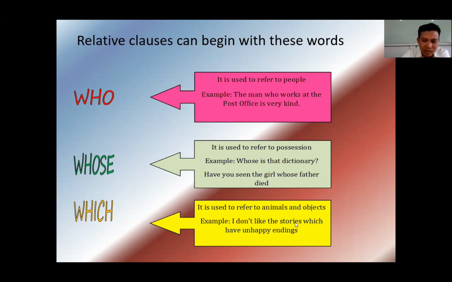Here, the subject is followed by a verb, same as who as a subject, which is followed by a verb. But whose, because it's possession, is followed by a noun, not by a verb. Noun first and maybe a verb after that. You got it?